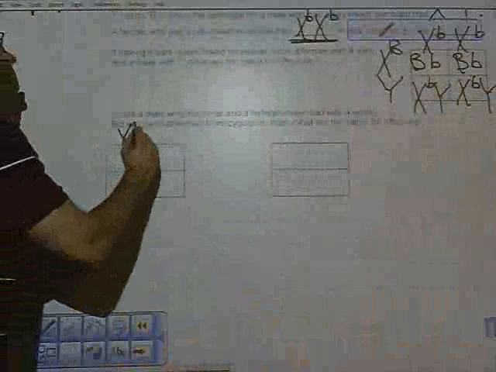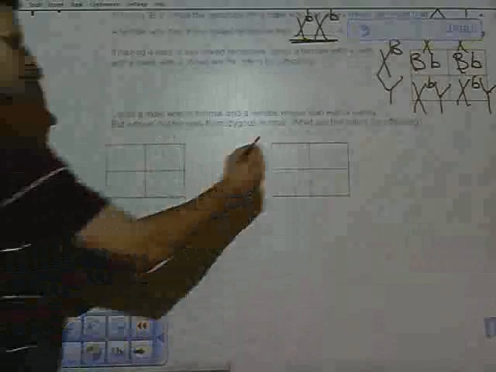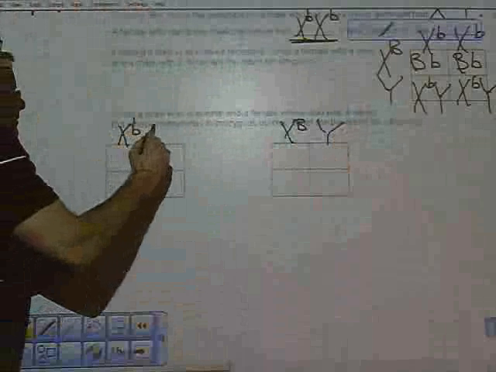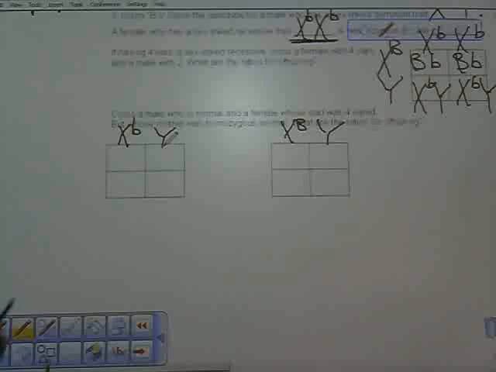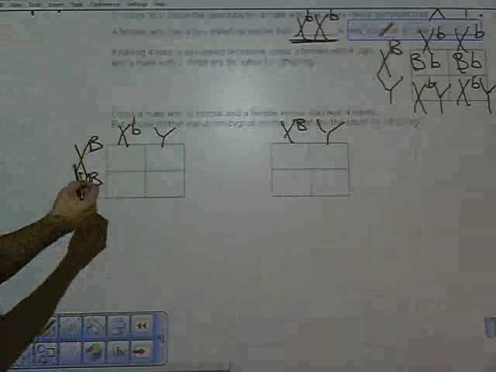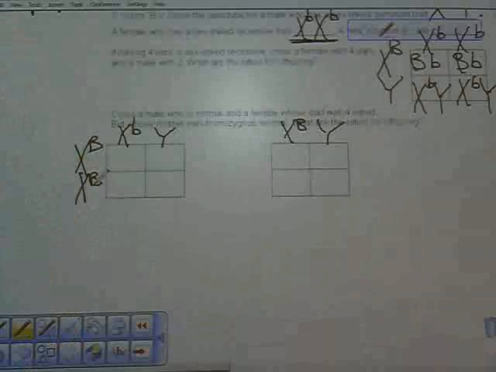Moving on to the next problem, a male who's normal, looks like that, whose dad was 4-eared. So, let's use the other Punnett square. Here's the male that's normal. His dad was 4-eared, so his dad is X little b Y, whose mother was homozygous normal. Homozygous meaning same, normal meaning big B's, 2 ears.